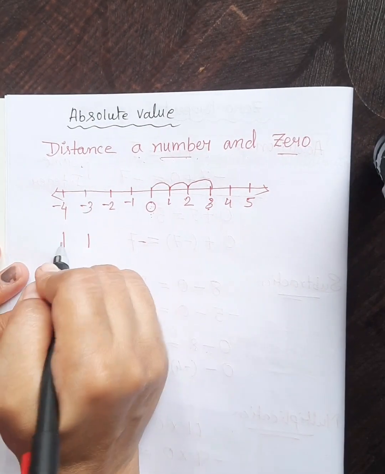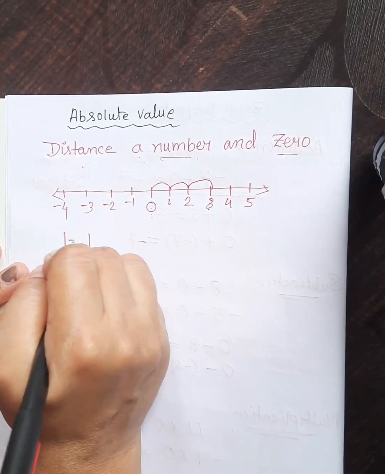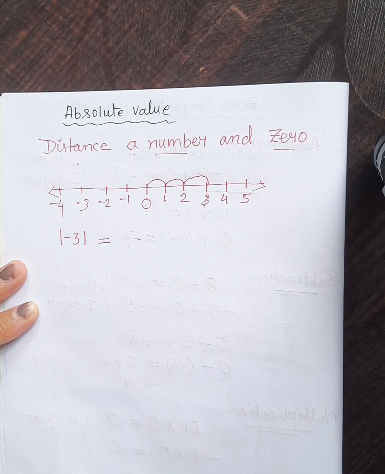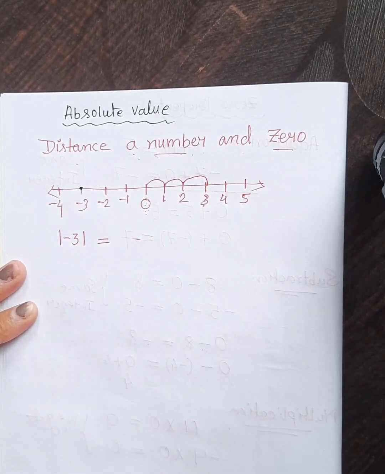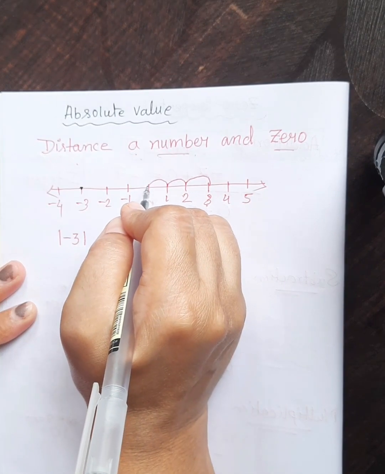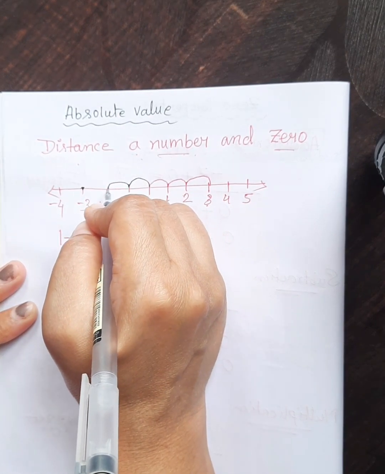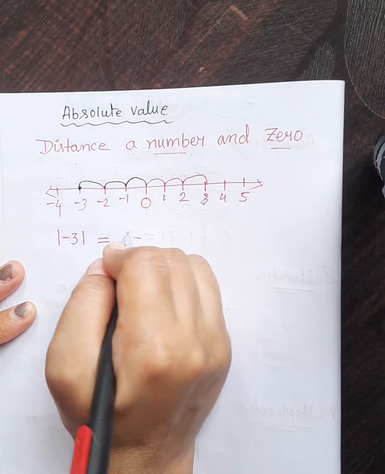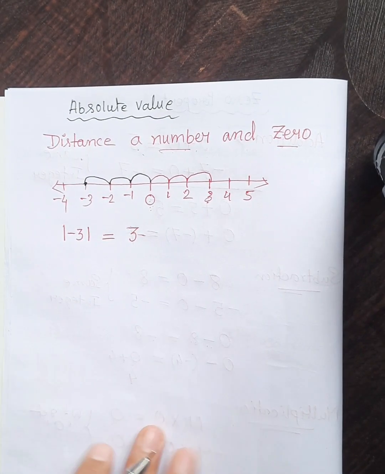For example, find the absolute value of minus 3. Minus 3 is our negative integer. So the distance between 0 and minus 3 is 3. Absolute values are always positive.